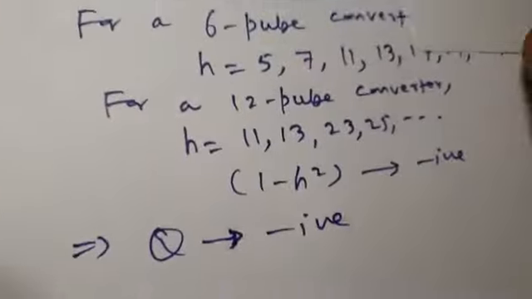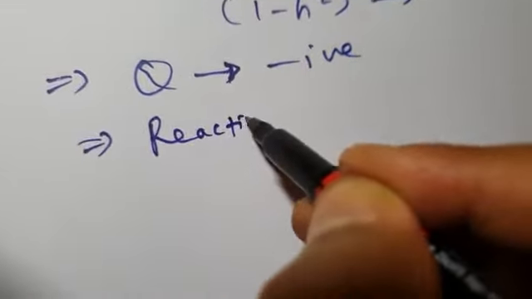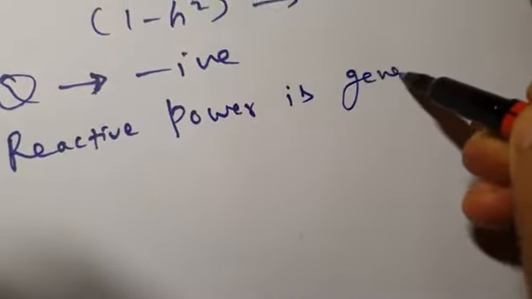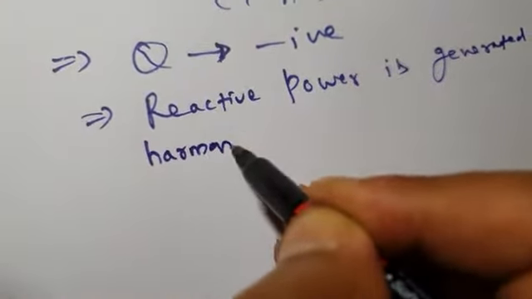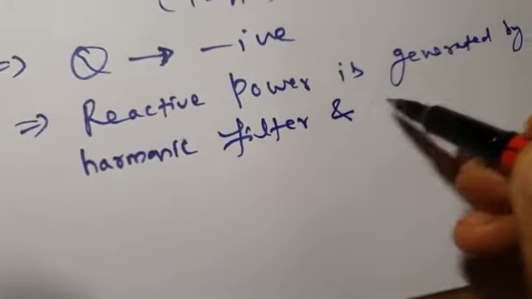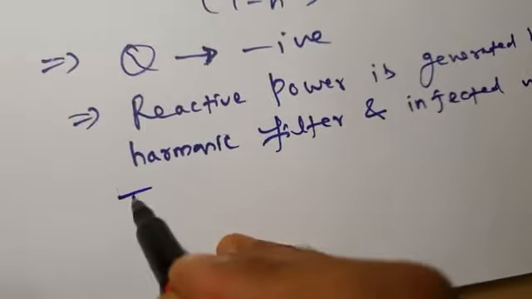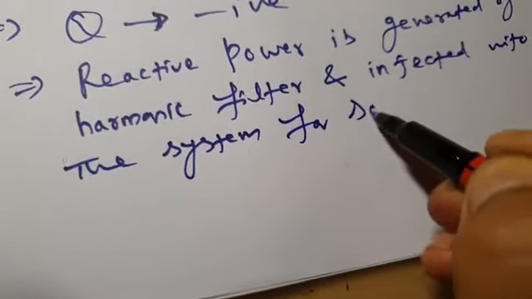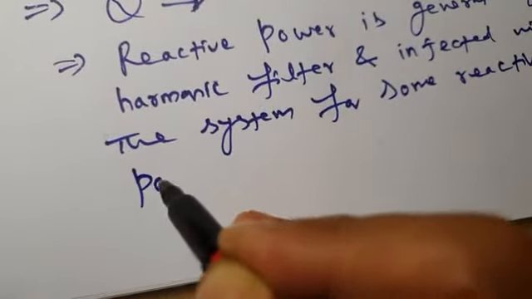So negative reactive power means reactive power is generated by the harmonic filter, whether it is a single tuned or double tuned harmonic filter. Here I have shown it for a single tuned harmonic filter, and it is injected into the AC system for some reactive power compensation. So it provides some reactive power compensation.